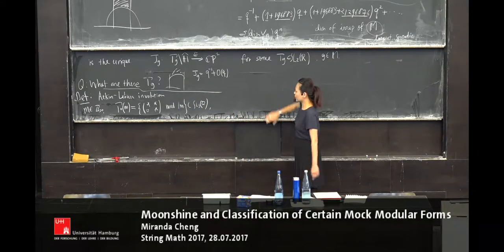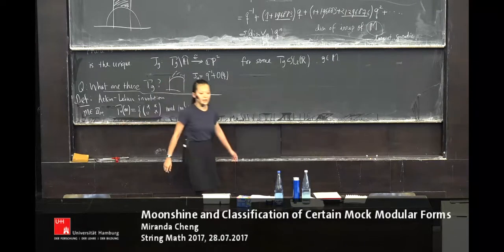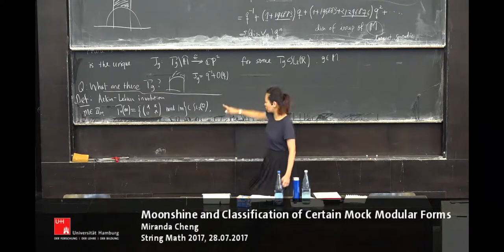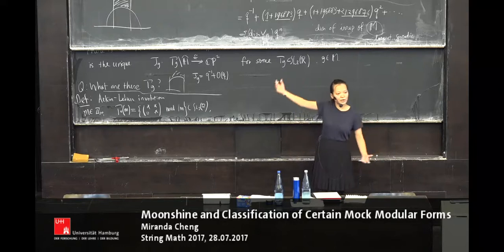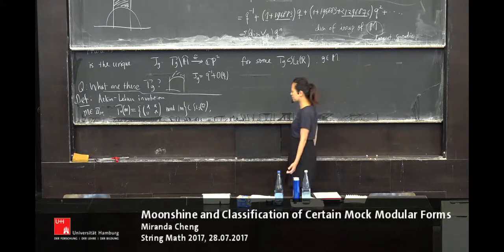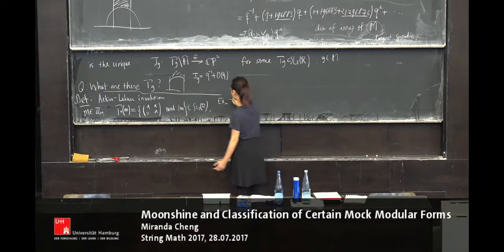And in the Moonshine context, this M will be given by the order of the element g, as we can see from, for instance, the VOA or the CFT argument. Okay, now we define for such an M the group of exact divisors.